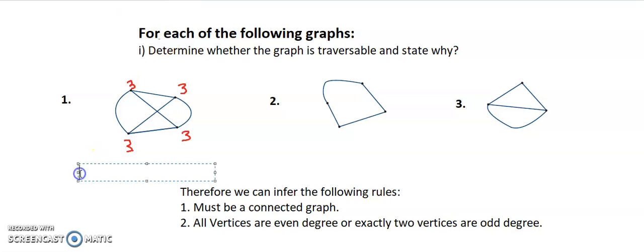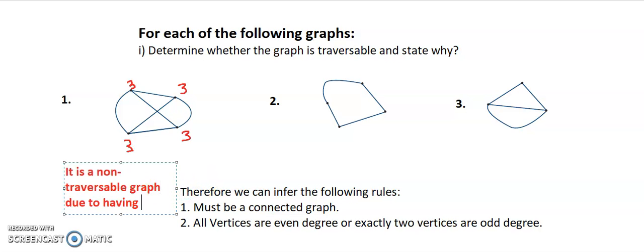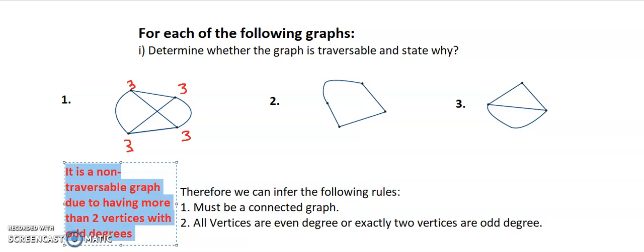So without even trying, I can state that it is a non-traversable graph, and that is due to having more than 2 vertices with odd degrees. So that is what we are able to work out.